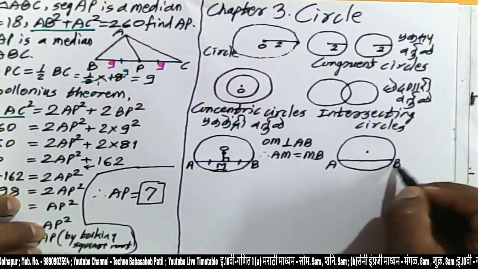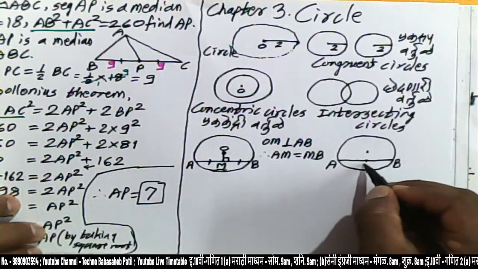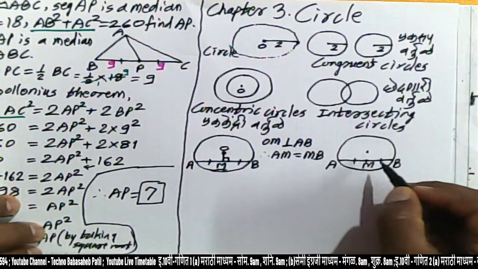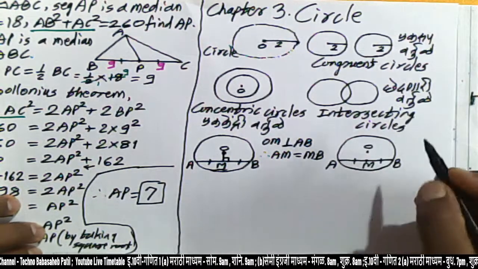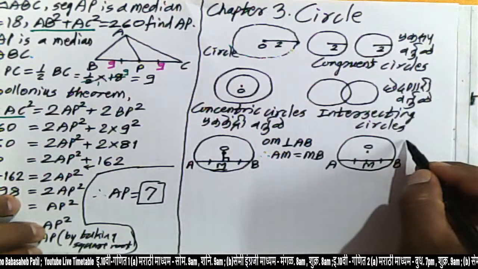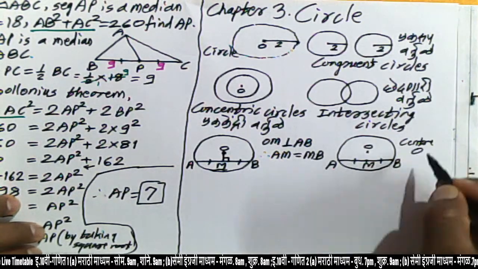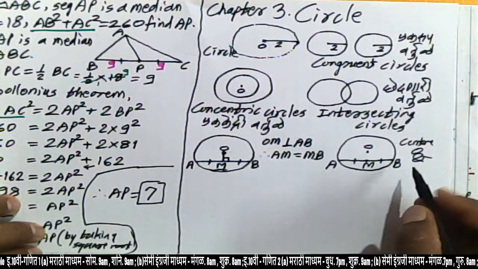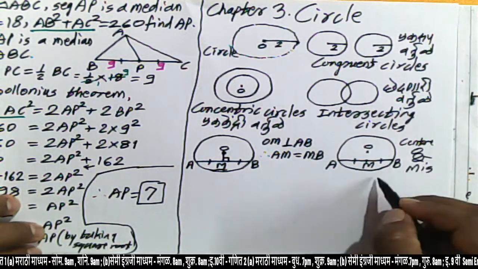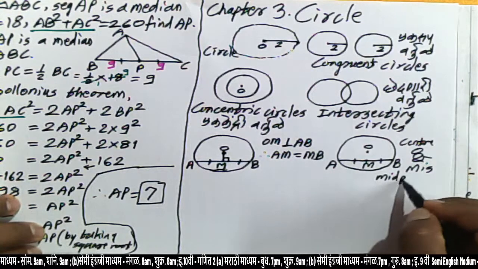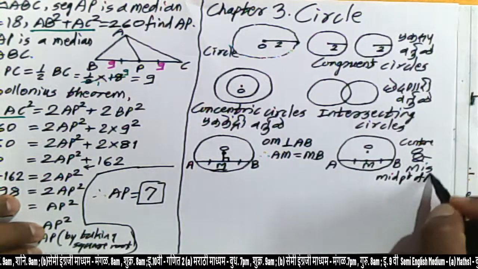AB is the chord and M is the midpoint. O is the center. Center O and M is the midpoint of AB.